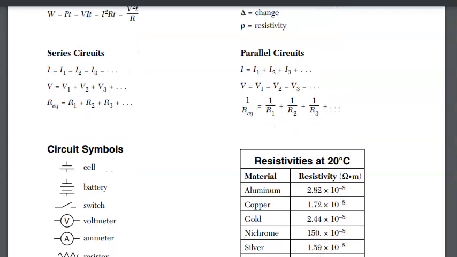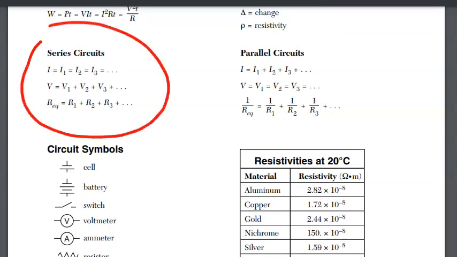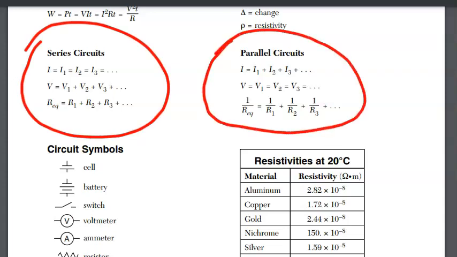The current remains constant. For parallel, the voltage, or the push of electricity, stays constant. More than likely, you're going to get a parallel circuit and have to do some sort of total resistance type question.